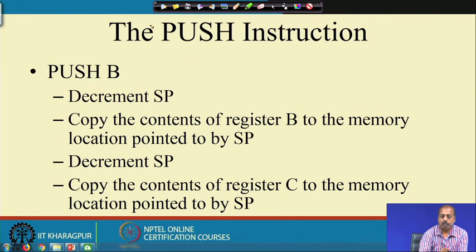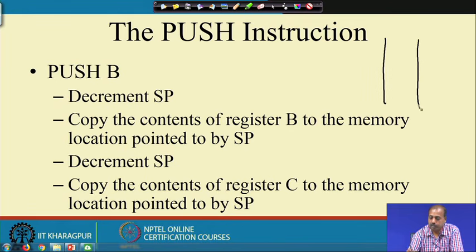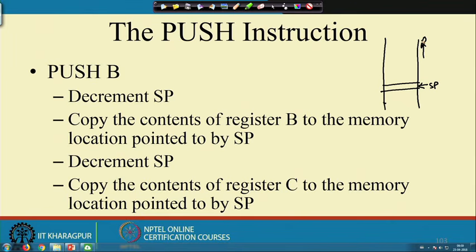Now, how is it executed? See, I have got a stack. This is the memory, and suppose at present the stack pointer is somewhere here. The stack pointer is pointing to this location, and this direction is towards the address 0, the lower address. Now, if I am executing this push B instruction, what I want is that the B and C register values will be saved onto the stack. So, what is done? The stack pointer is decremented.